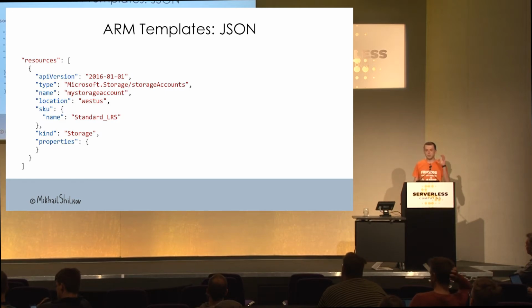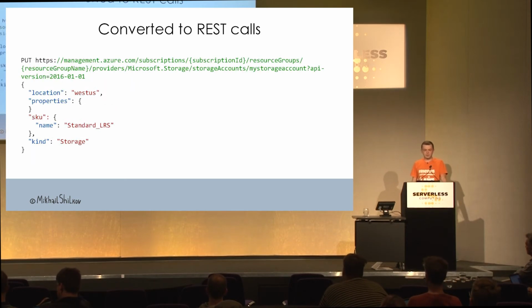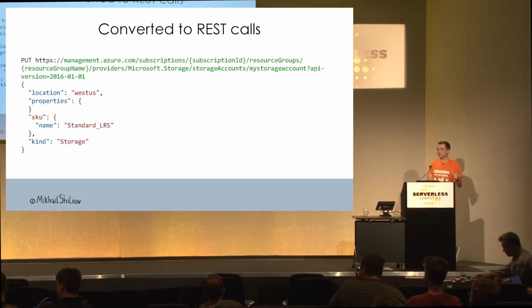You write a big chunk of JSON with a node called resources and then a flat list of resources. And then you define dependencies in the JSON values. Mostly, what this tool does is convert this definition of resources in JSON almost one-to-one to HTTP calls. So it takes the properties, puts them in the body and sends it over.